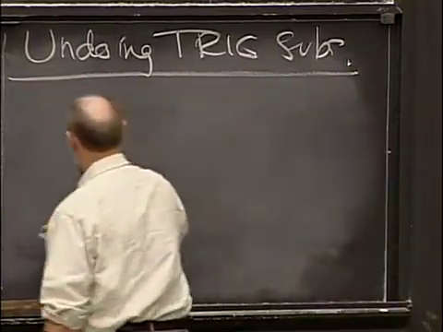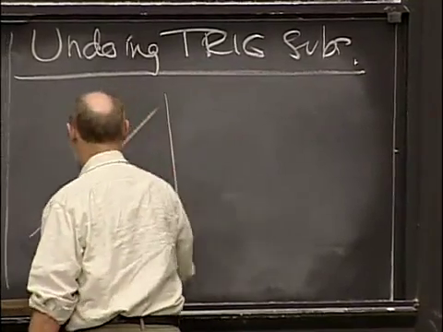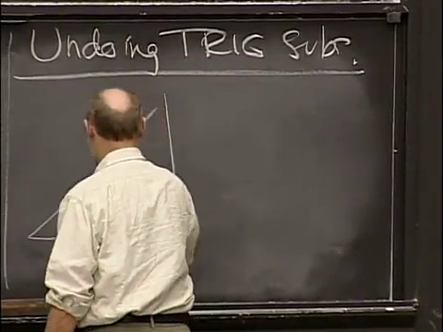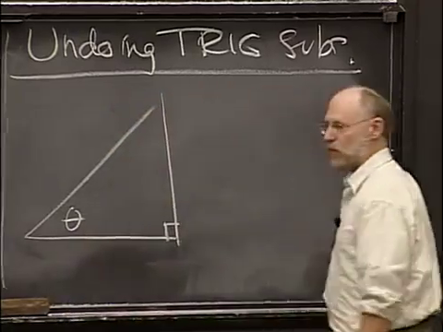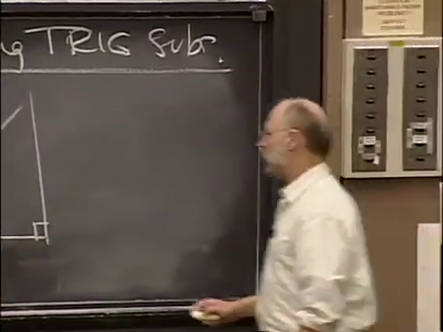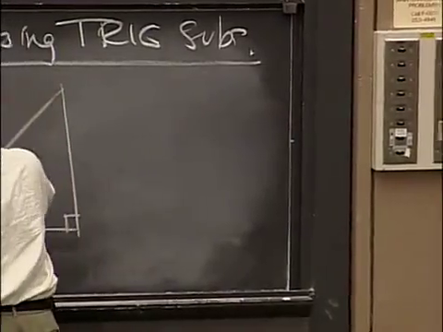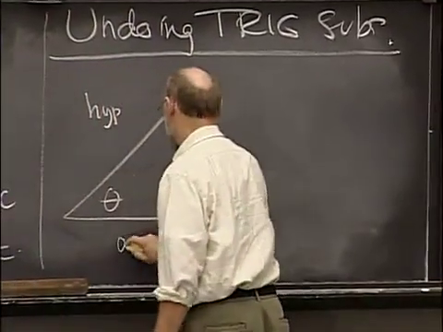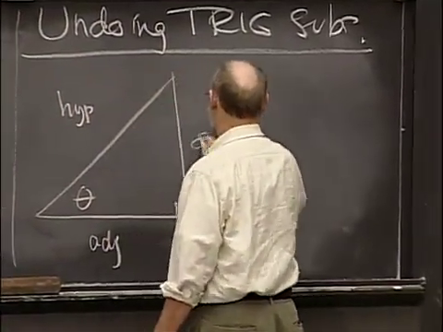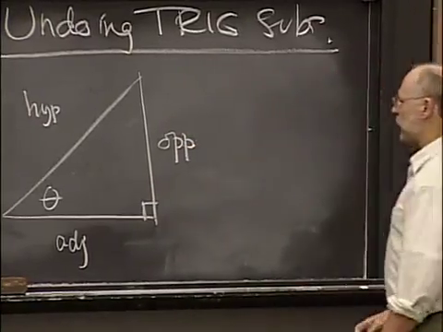Let's go back to where trigonometry always comes from: this right-angled triangle with a theta in the corner. These three sides: this one's called the hypotenuse, this one is called the adjacent side, and that one is called the opposite side.